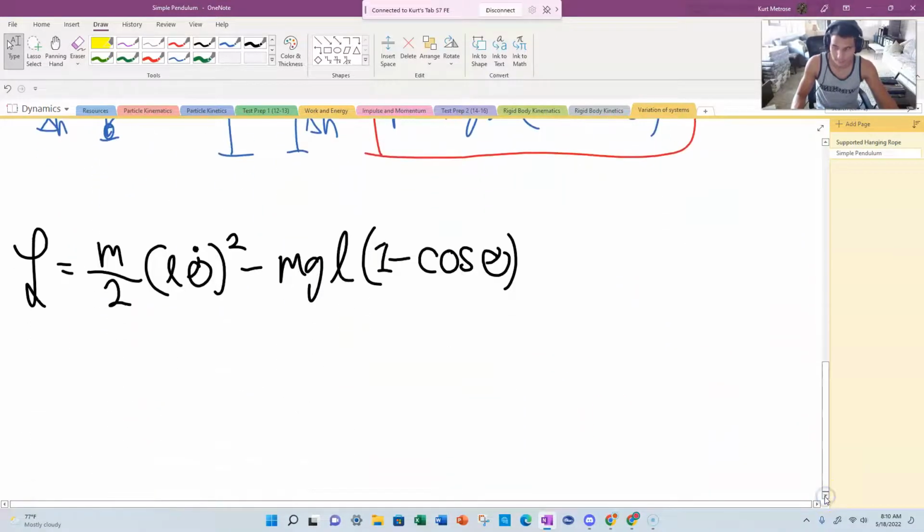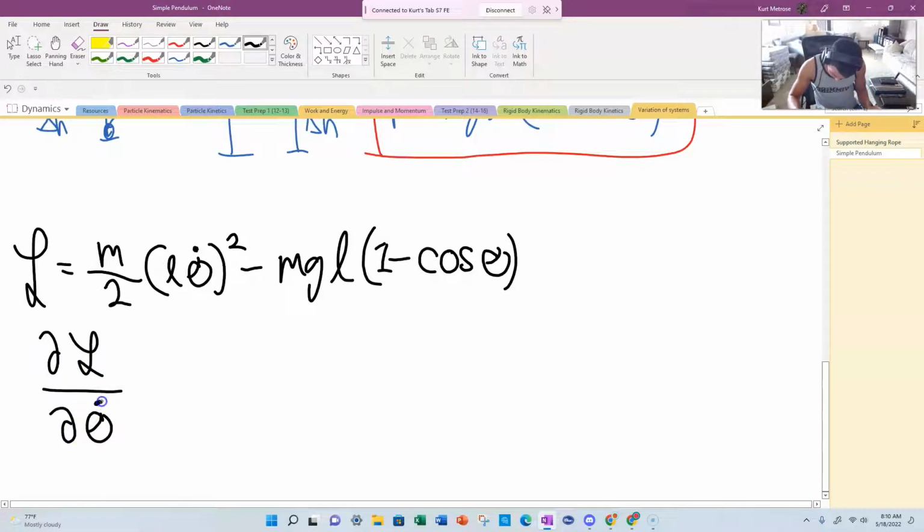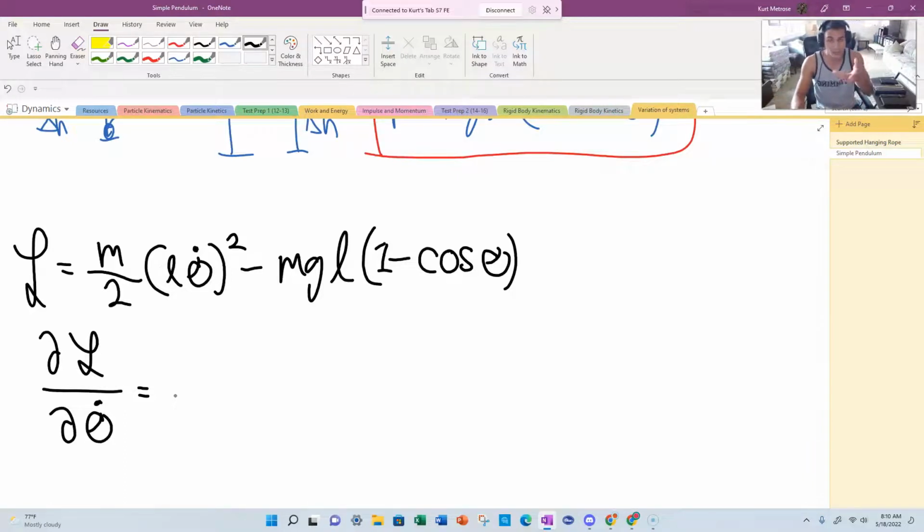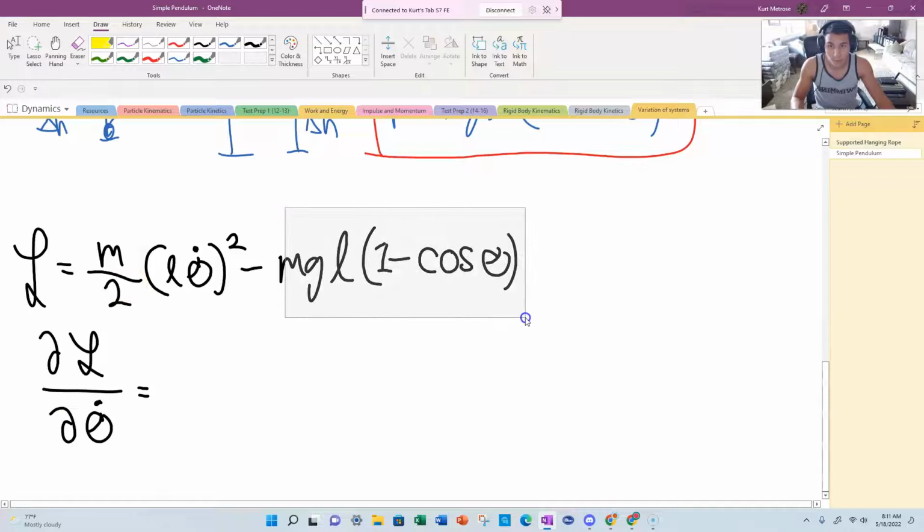Okay, so we want to find the partial of the Lagrangian with respect to theta dot. Theta dot is what we're differentiating with respect to. As you can see, the right hand side, the derivative with respect to theta dot, is 0. However, if we take the derivative of this with respect to theta dot, what do we get? That's a big question.